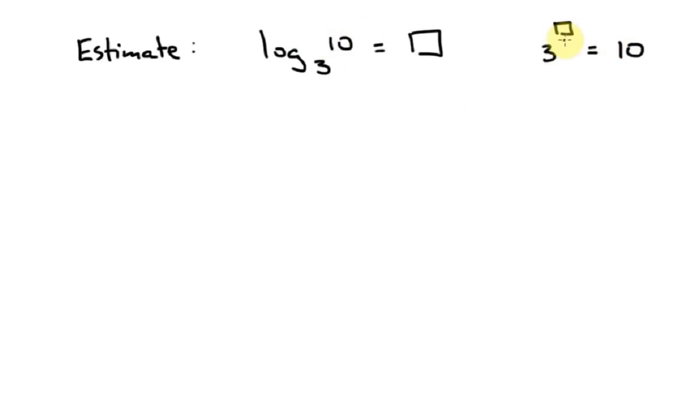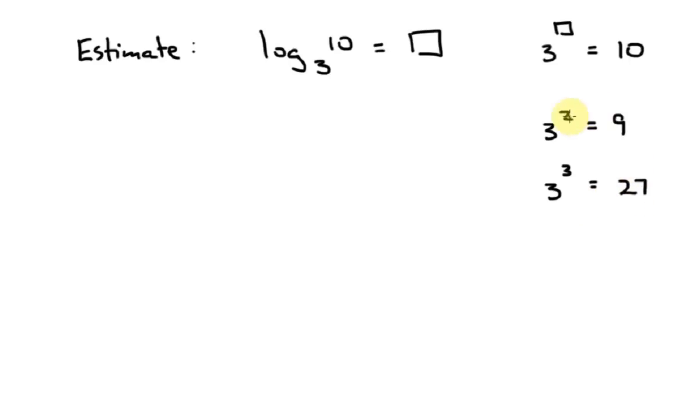This is my exponential version of this statement, and with it I can give myself a reasonable estimate. Let me see here. 3 squared is 9, which is a bit too small, and 3 cubed is quite a bit too big, because that's going to be 27.